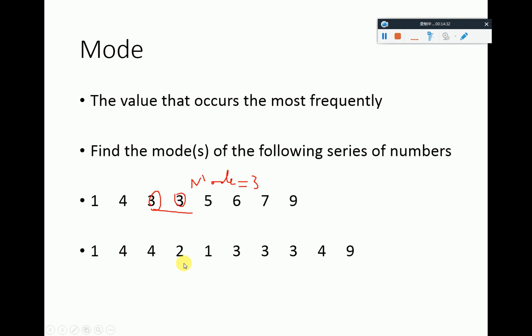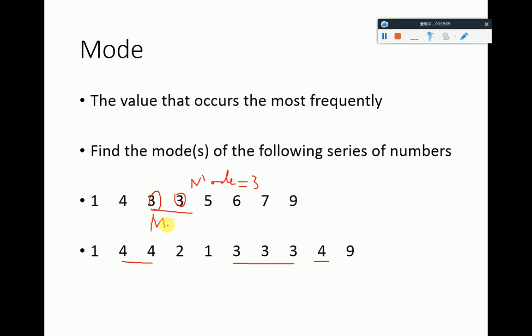1, 4, 4, 2, 1, 3, 3, 3, 4, 9. What is the mode? Or, more precisely, what are the modes? Aha, if the question is asked that way, then we easily have two modes, because we have three 4s and three 3s, whereas we only have one 1, one 2, and one 9.